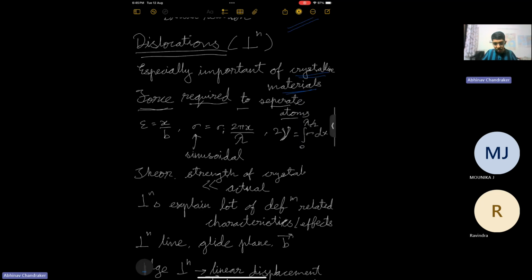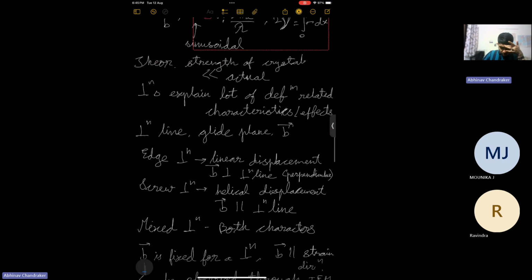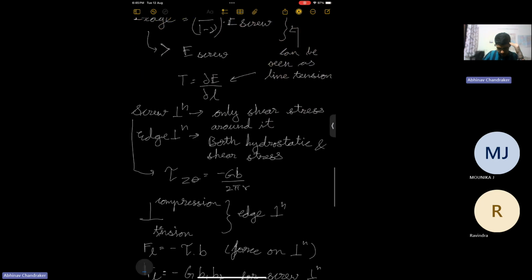A dislocation is a one-dimensional defect. It is a line defect. Sir has already explained it and visualized it through images. I won't do that here, but I'll go through some of the key concepts related to dislocations that you need to know, and some formulas.